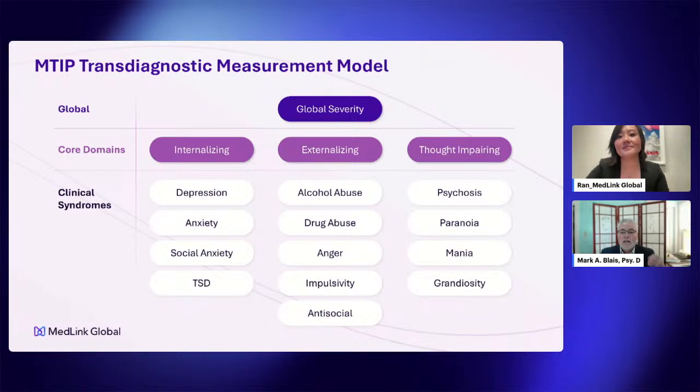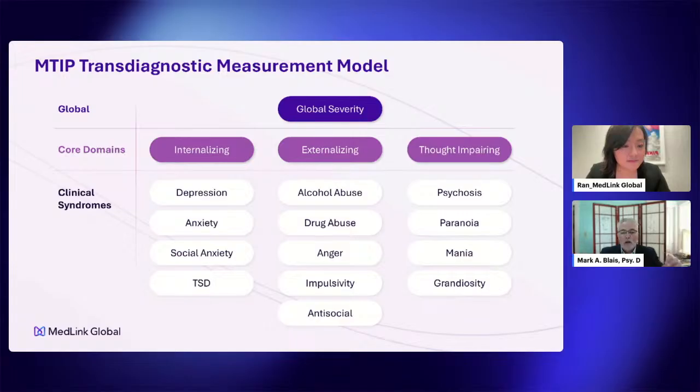So this is what the multi-level transdiagnostic inventory of psychopathology, or MTIP, looks like. At the lowest level, we have the disorders: depression, anxiety, social anxiety, traumatic stress, alcohol abuse, drug abuse, anger, aggression, impulsivity, antisocial, psychosis, paranoia, mania, grandiosity.